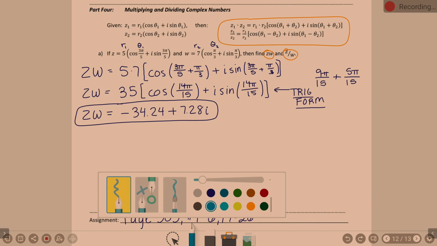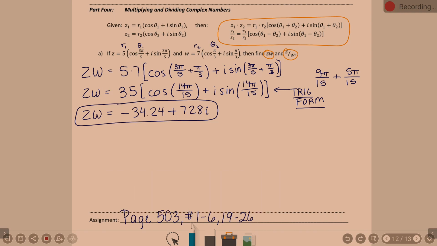And the other half of this problem, the reason I say that we have two problems left, is we are also asked to find z over w. So what changes when I'm finding z over w? We're dividing, so instead of r1 times r2, it's r1 divided by r2, which is going to be 5 over 7.